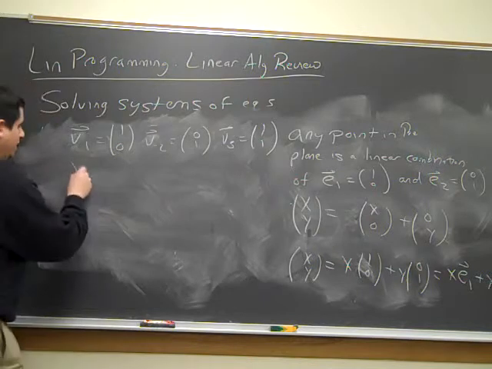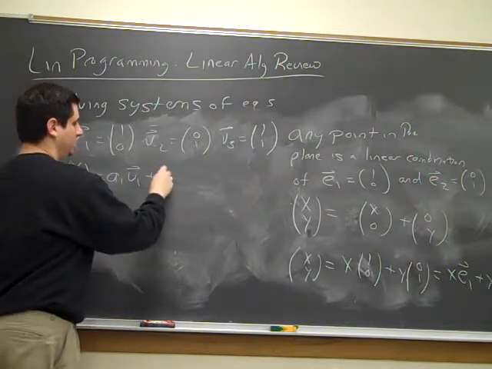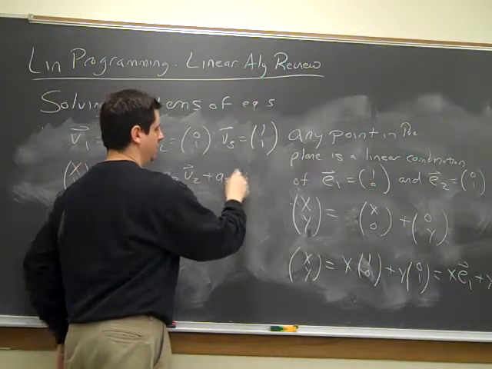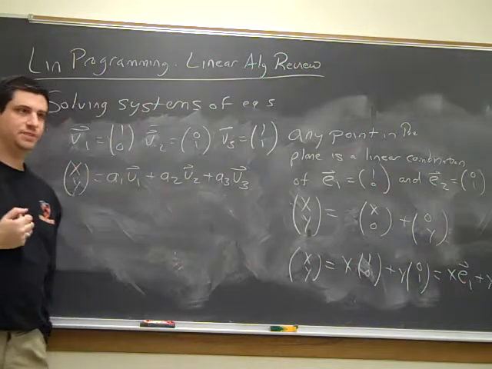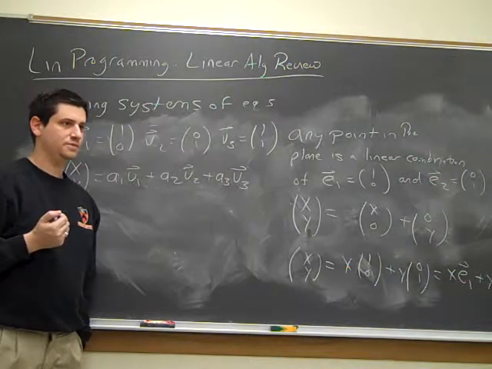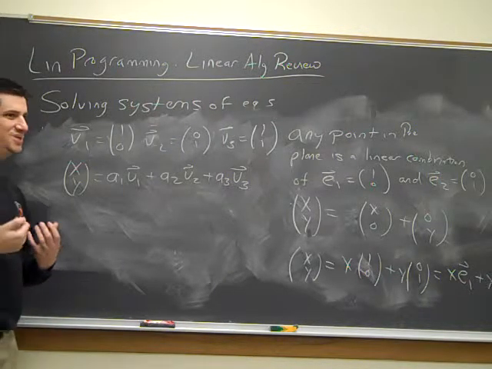So can I solve (x, y) equals a1 v1 plus a2 v2 plus a3 v3? Is that always solvable? Yes. Why? There's a one-line proof. Because you have all combinations of the vectors. You can multiply any of those vectors by a variable and you'll get all the possible answers. You have to be very explicit in how you phrase it.